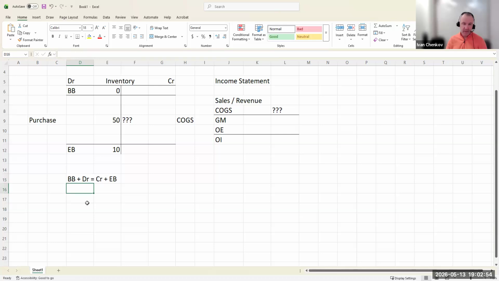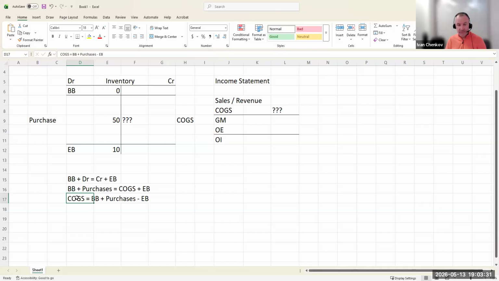So beginning balance plus purchases should be equal to cost of goods sold plus the ending balance. Now, if I want to find the cost of goods sold, what do I have to do? Cost of goods sold, I simply get the beginning balance plus the purchases and then deduct ending balance. And I get cost of goods sold.